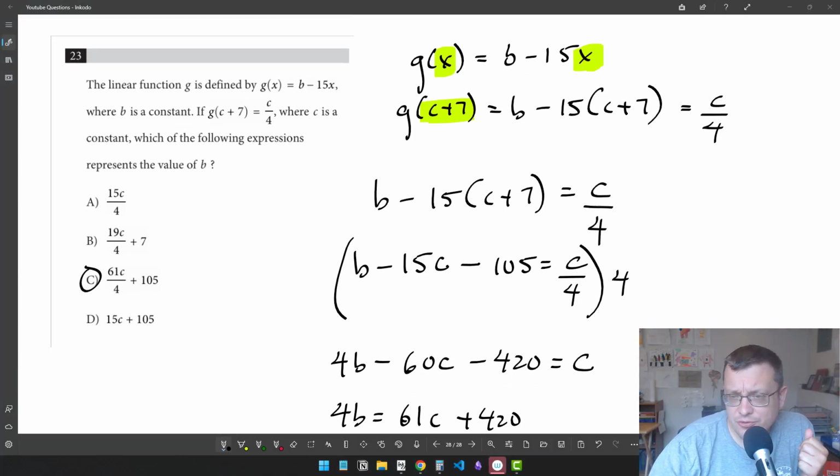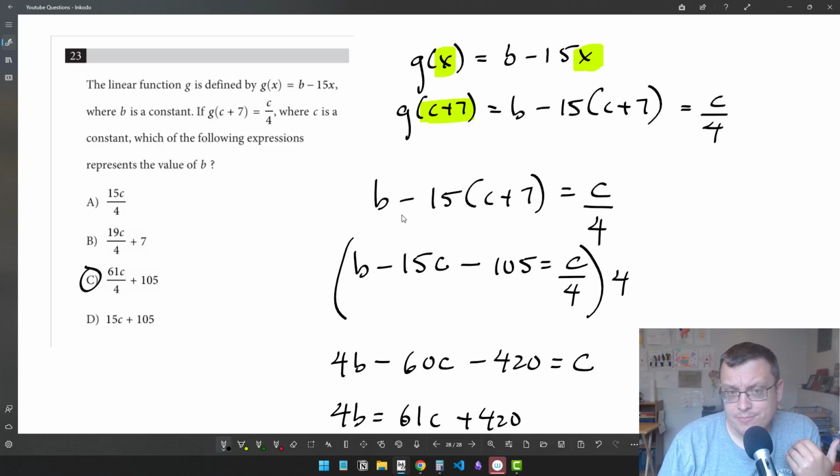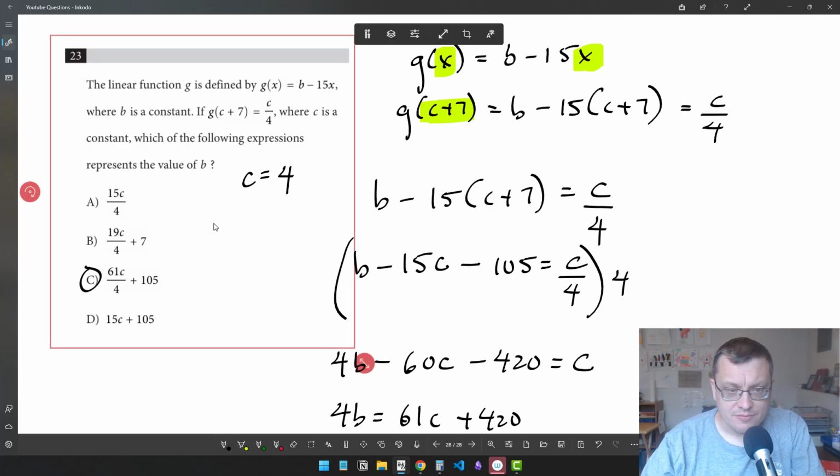Another way to do this, if you don't want to deal with all these letters flying around, is pick a value for c, evaluate the functions accordingly, and see what choice matches what b should be. So for example, let's make c equal to 4, an easy number, looking ahead and seeing that 4 over 4 is 1. Let's copy paste this problem down here so we have a clean slate.